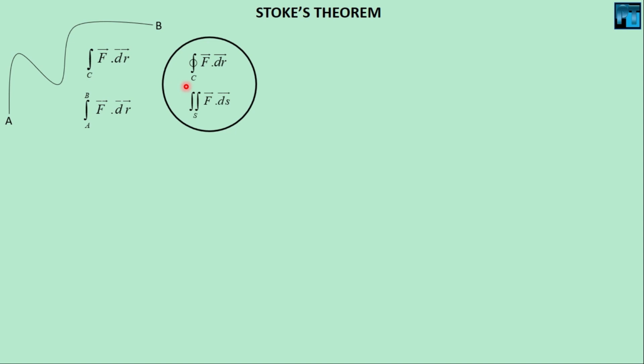Now, you are familiar with two types of surface integrals: closed surface integrals and open surface integrals. Now see, this is an open surface integral. Why? Because there is no closed sign. But this is a closed line integral. Now, why is this circle an open surface? Because you can stretch it in any direction.